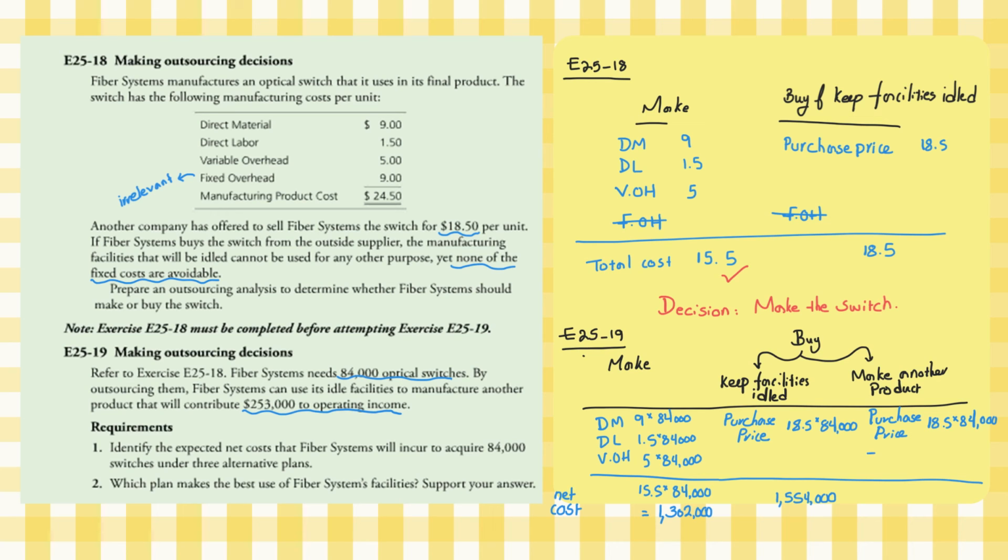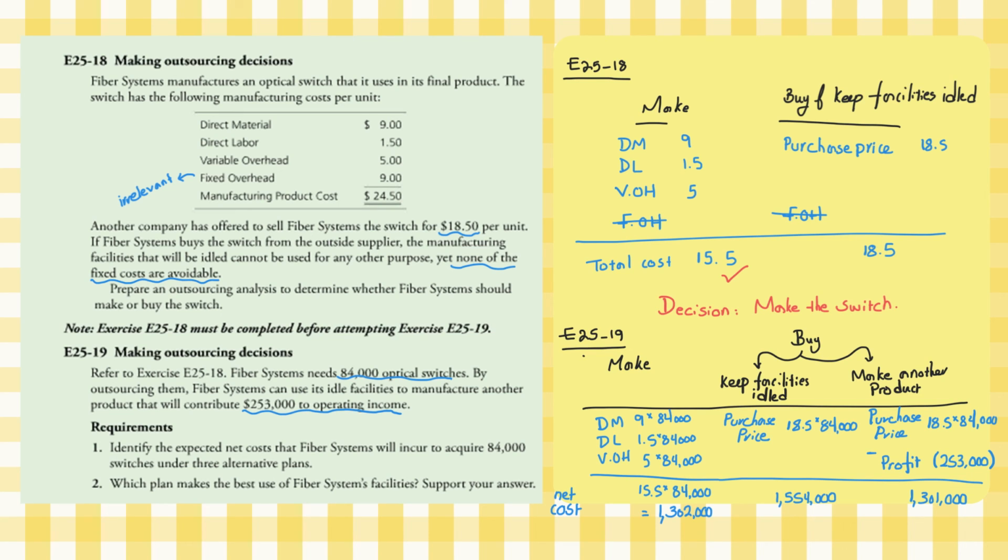I need to subtract the profit of making the new product. So the profit is 253,000. So I need to subtract this number from 1,554,000. So it's gonna be 1,301,000.